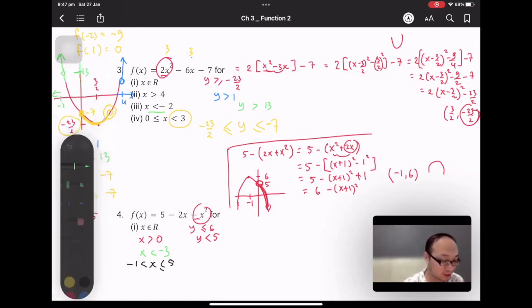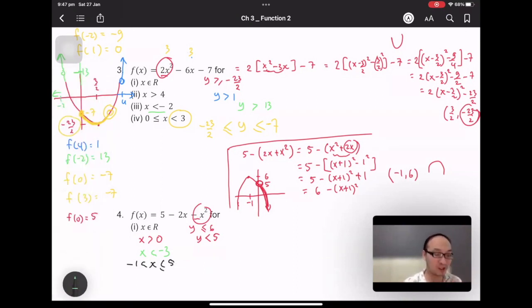The third one, smaller than -3. So find f(-3). The -3 here is -3 plus 1 is -2, squared 4. So 6 minus 4, it's 2. So where is it? -3 is 2.